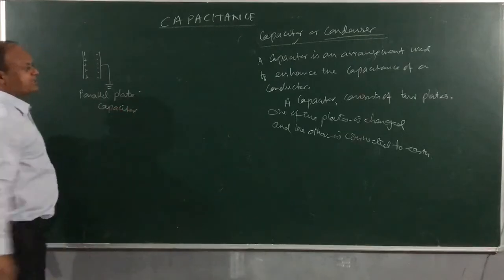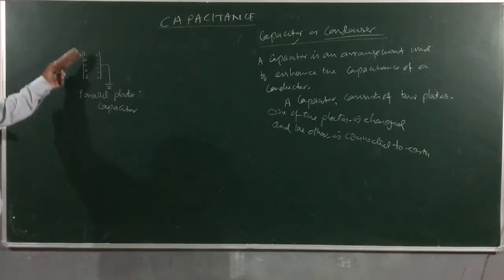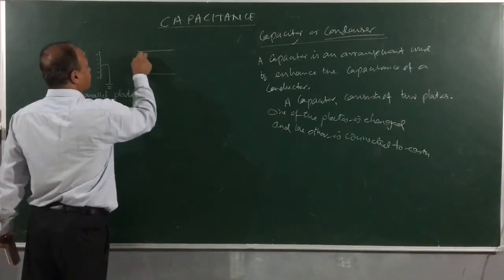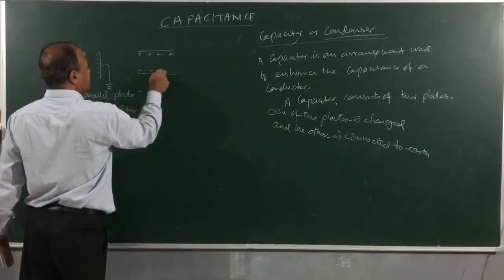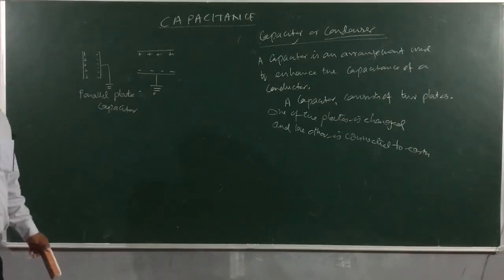Now, these plates may not be vertical, they can also be horizontal. I can also make like this. I can make this positively charged which I am charging, this is connected to earth. So both will become parallel plate capacitors.